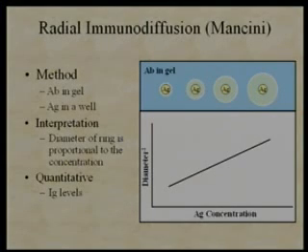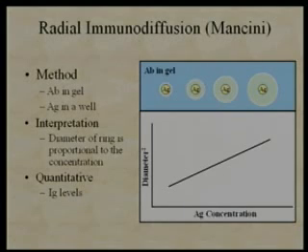This is what may be used in your hospital labs to measure immunoglobulin levels. What they do is they put antibody, for example, to IgG in the gel, and then you take your patient's serum and put it in the well, and you generate a standard curve, and they'll tell you what your antigen concentration is, what your IgG level is, or what your IgM level is. So this is commonly used.